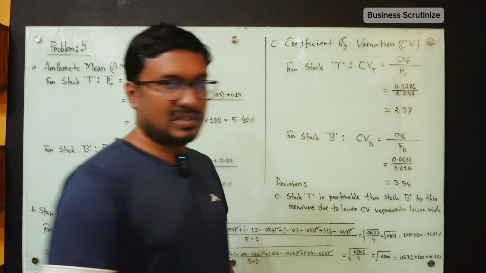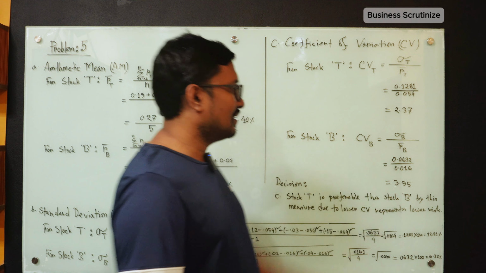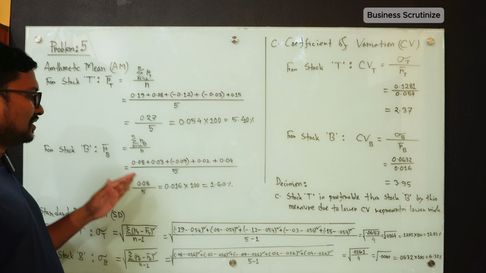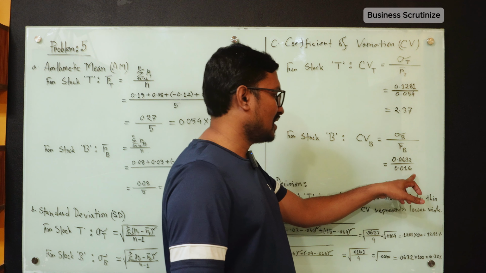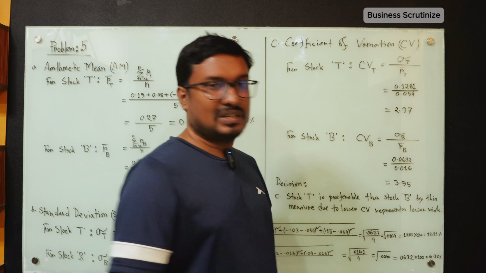You just input 0.0632, and that should be divided by the arithmetic mean for stock B, which is 0.016. After division we will get 3.95.